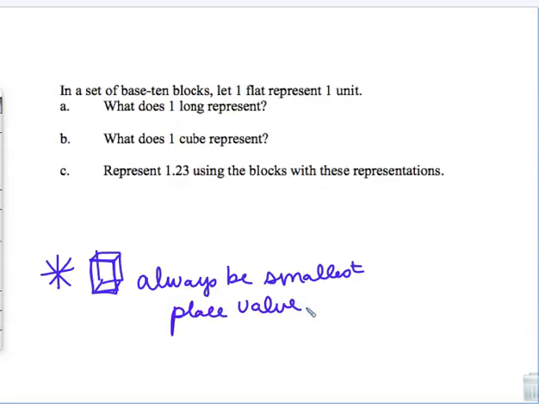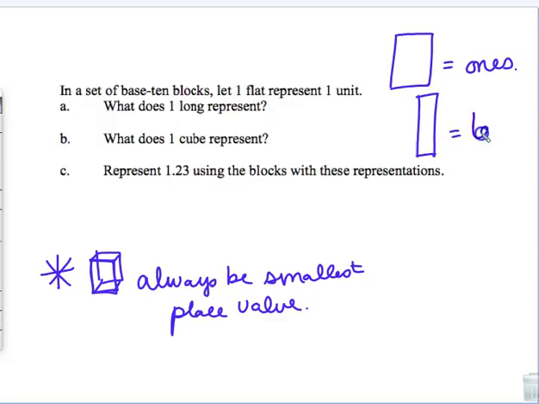So for this particular problem, it says, in a set of base 10 blocks, let one flat represent one unit. And so one flat is representing one unit. That tells me that this flat right here represents the ones place. What I can tell from that then is that the long is going to go down one place value.